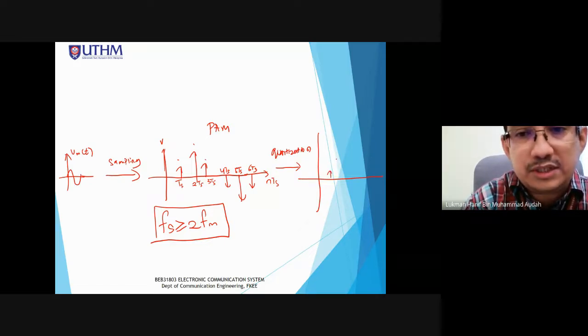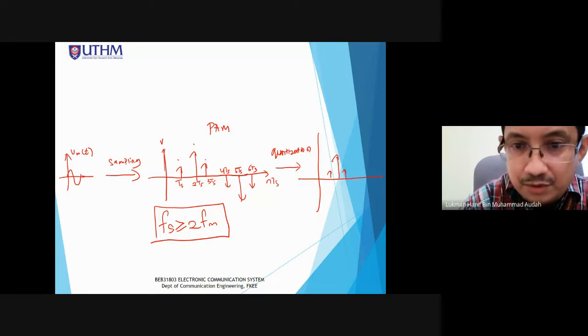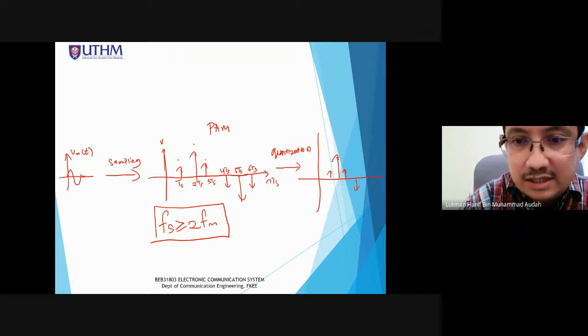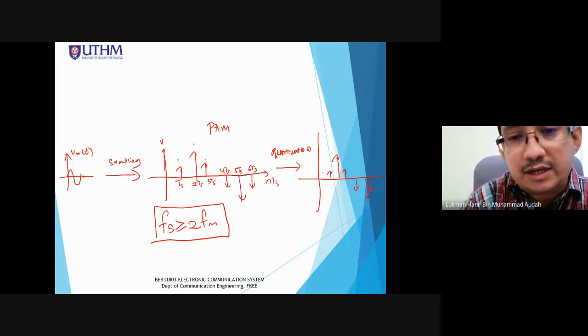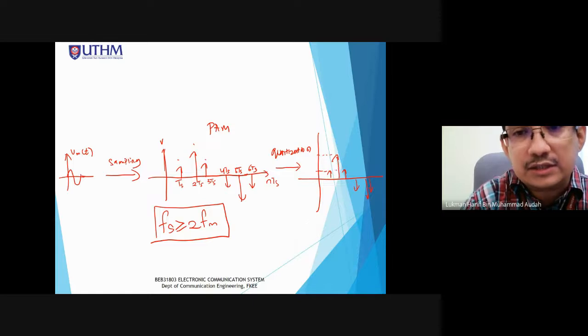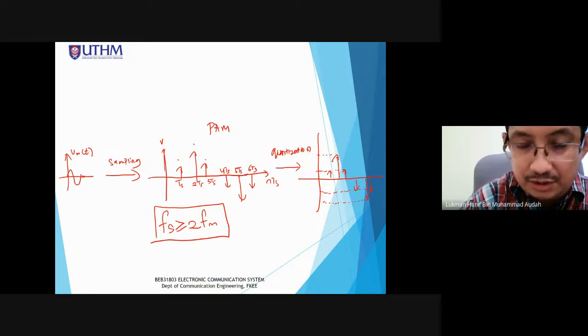Quantization is the process of rounding up the sample value to the nearest quantized level. Maknanya, semua sampel yang saya ada, saya akan bundarkan kepada nilai quantized level yang terdekat, supaya saya dapat mengurangkan kepelbagaian amplitude voltage daripada sampel.